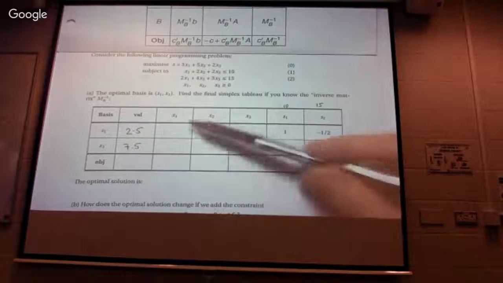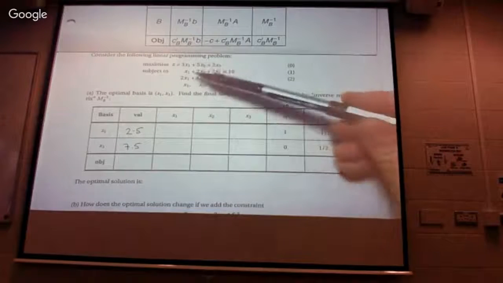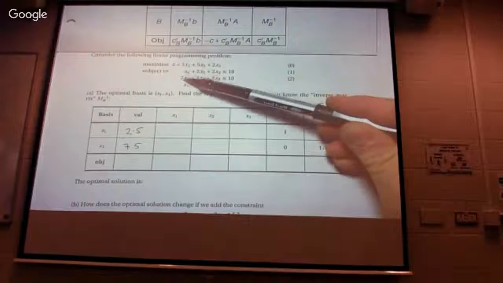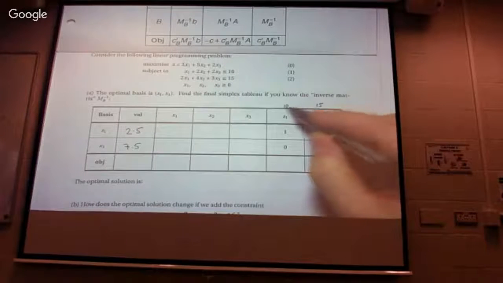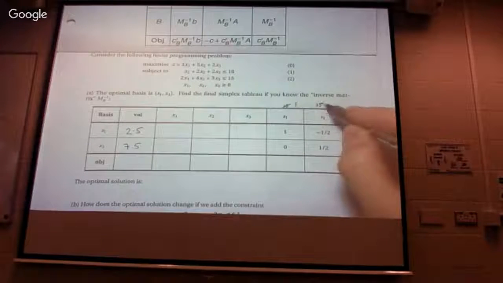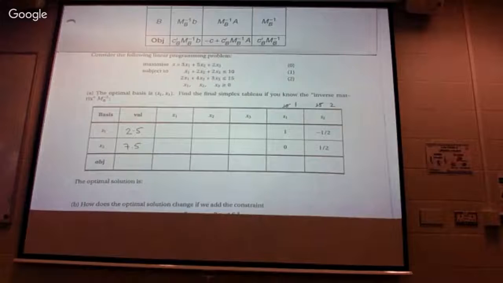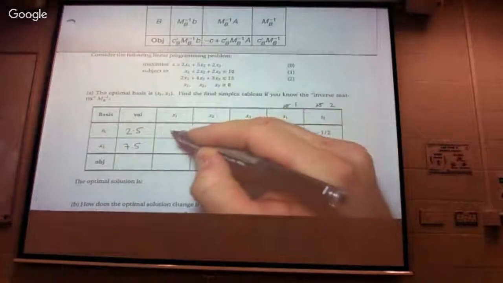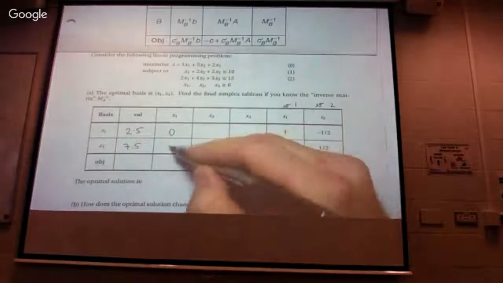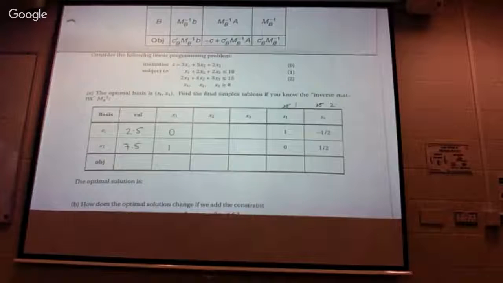Now, if you want the x1 column, you look at the coefficients of x1, so that's 1 and 2. So you take 1 times this column, 2 times this column, add them together. What you get is 0 and 1. Is it clear? Okay, I'll assume that it's clear because there are no questions.